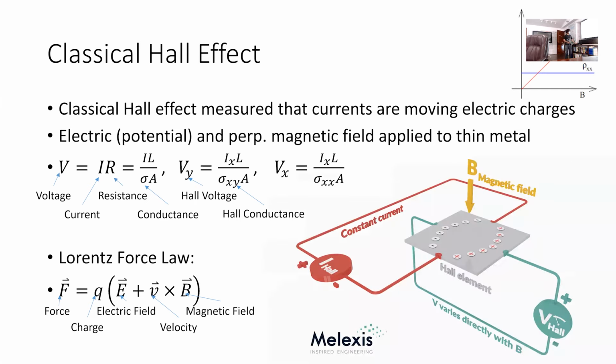And that's why in this picture, as I increase the magnetic field, they're going to curl one way or the other depending on the sign of their charge. Right? So if the magnetic field is 0, they would just follow the current. But the increasing magnetic field is making it curl away and go transverse more and more. And that's what's creating this Hall voltage, which then leads to the resistivity measures.